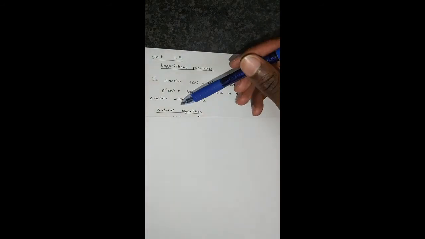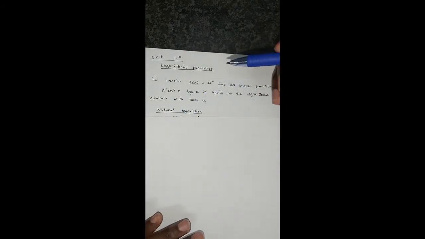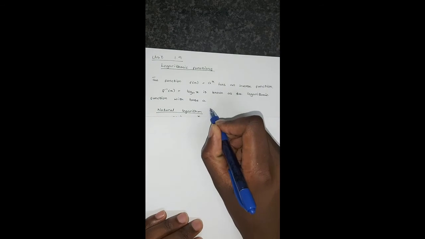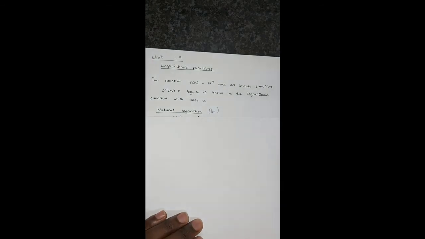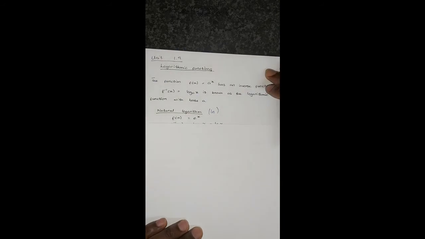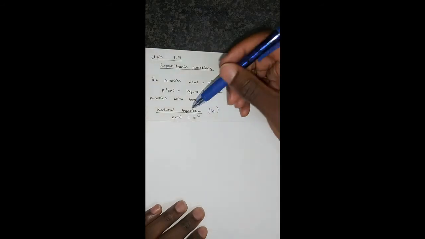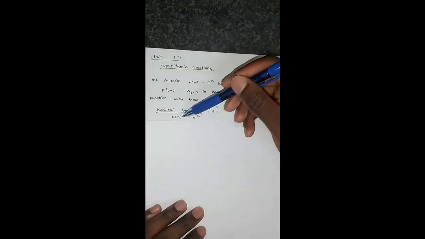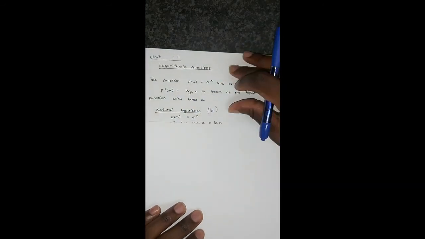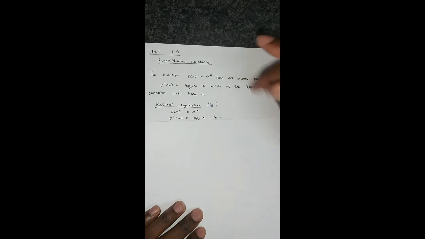Okay, so when we're dealing with logarithms in WTW 158, we'll mostly be dealing with the natural logarithm. The natural logarithm is represented by ln, so it's ln and then a number, let me just say ln x. So for f of x being equal to e to the x, you find the inverse of that, it's log x to the base of e, but that is just labeled as ln x.